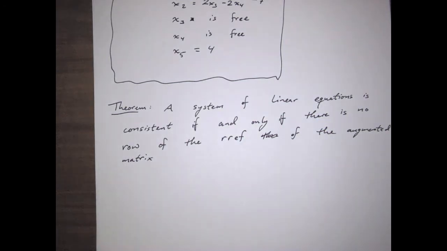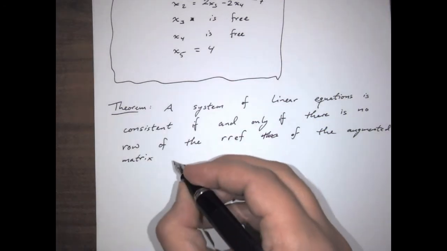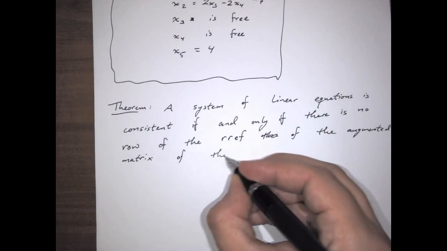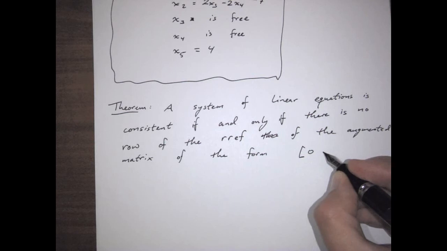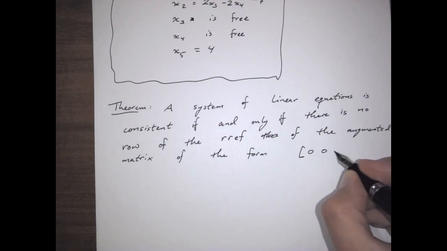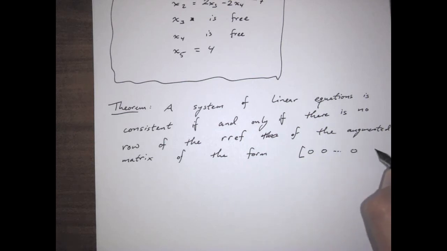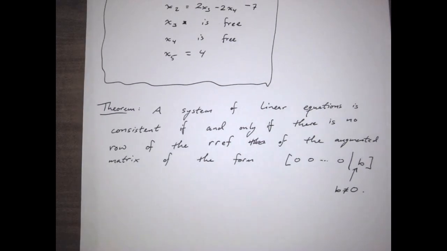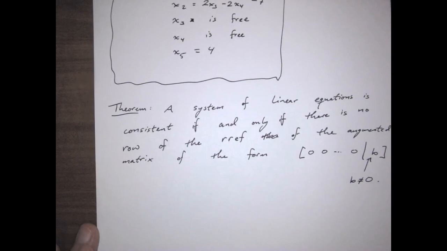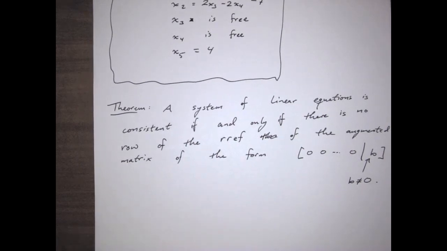By matrix, I mean the coefficient matrix, of the form 0, 0, dot, dot, dot, 0, 0, a bunch of zeros, followed by a B, where the B here is not equal to 0. So we can't have any row that looks like this in the augmented matrix when you row reduce it.